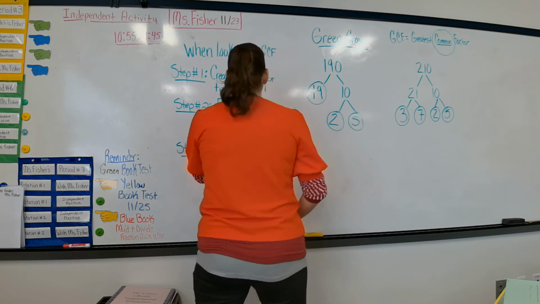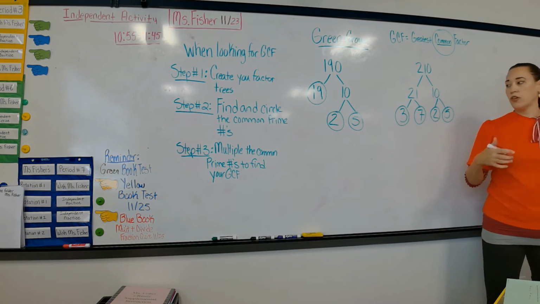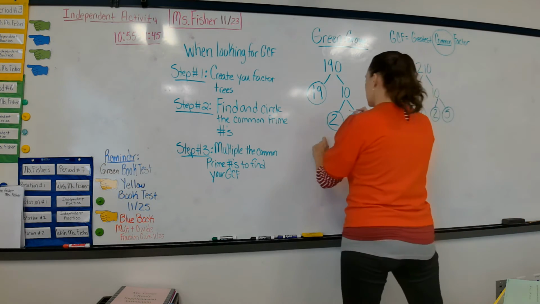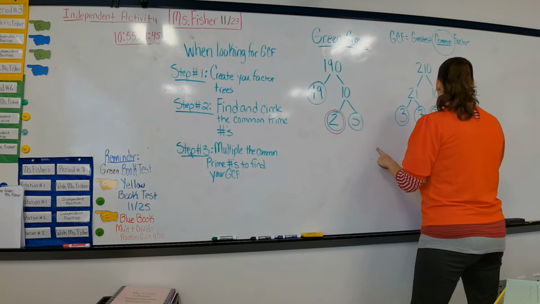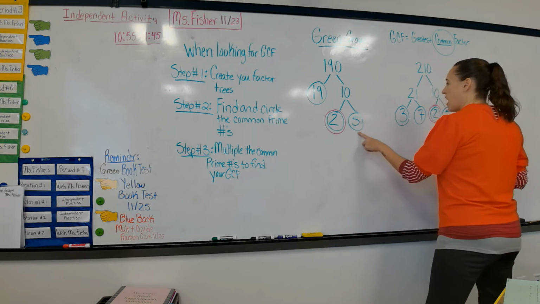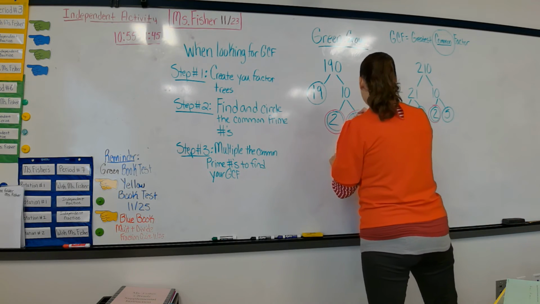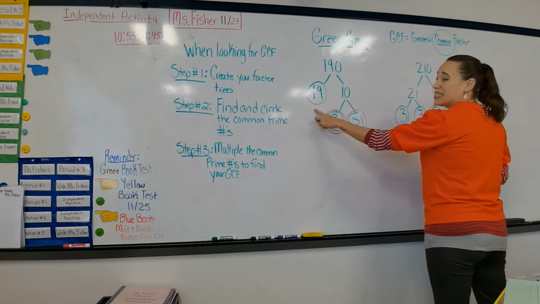Step 2 is find all the common prime numbers, okay? And you're going to circle them. So I see I have a 2 on this side and a 2 on that side. So I'm going to circle the 2's because they're in common. I see I have a 5 on this side and a 5 on this side, so I'm going to circle my 5's because they're in common. Then I have a 19.